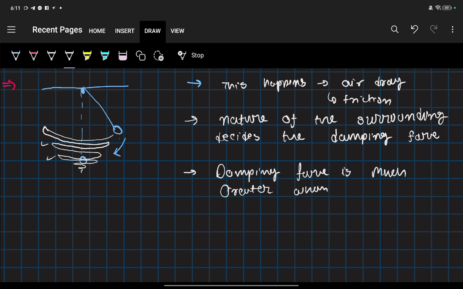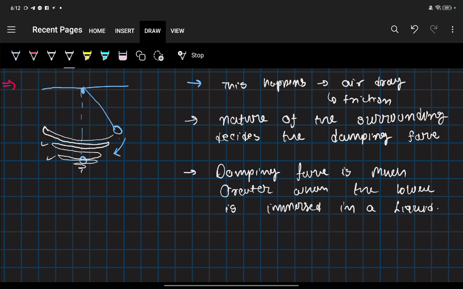It is generally proportional to the velocity of the bob and acts opposite to the direction of velocity.